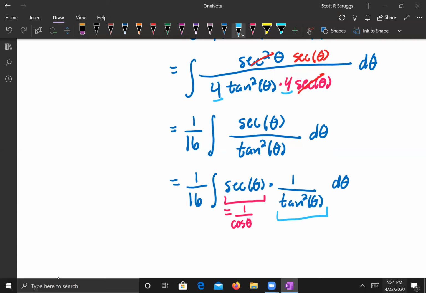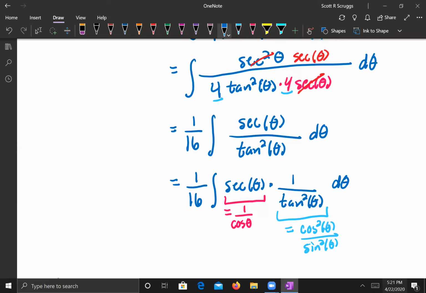Tangent is rewritten as sine over cosine. The squared will mean that tangent squared is sine squared over cosine squared. And because the tangent squared is in my denominator, this whole thing in terms of sine and cosine will be cosine squared over sine squared of theta.